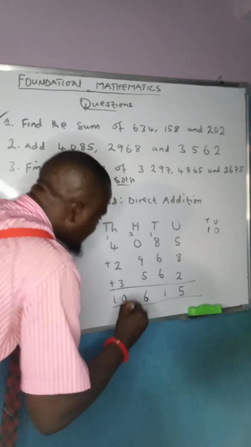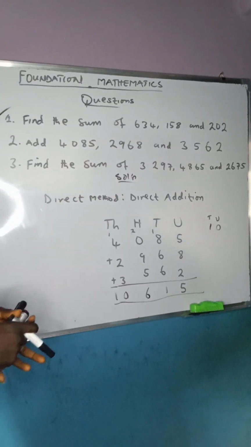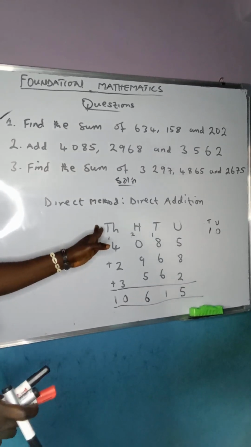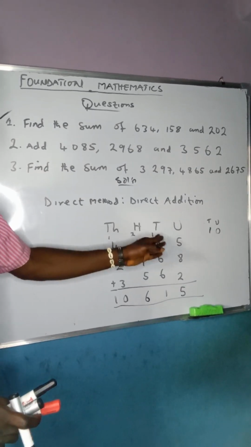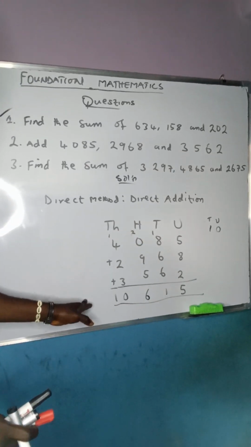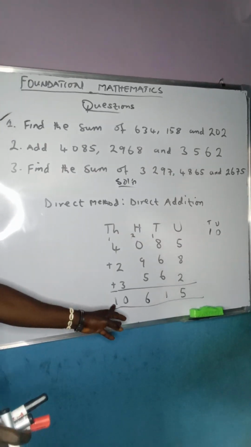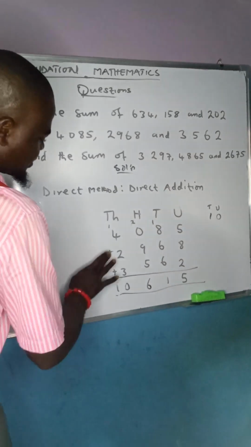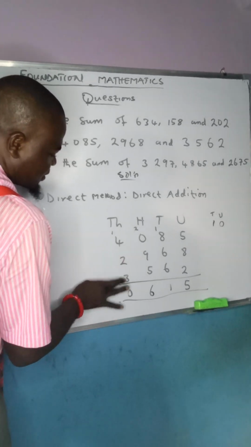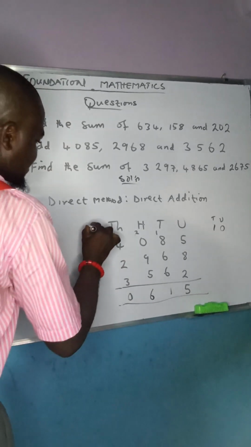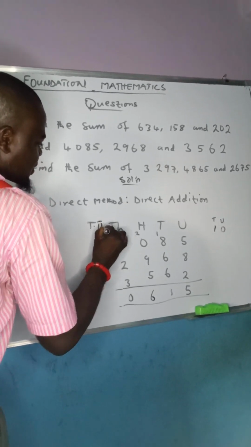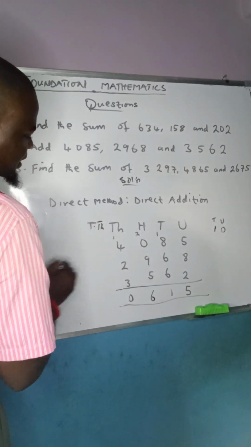But in some mathematics textbooks, they'll create another line. They call it 10,000, 1,000, 100, tens, and unit. So if you want to create that, since this has given rise to this, you can create it, and you leave the plus. You're now putting 10,000.